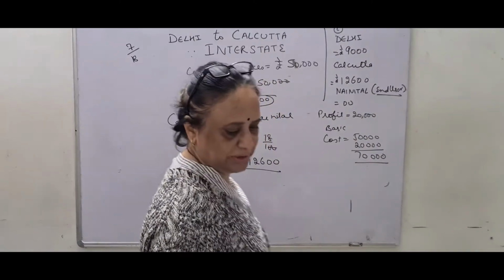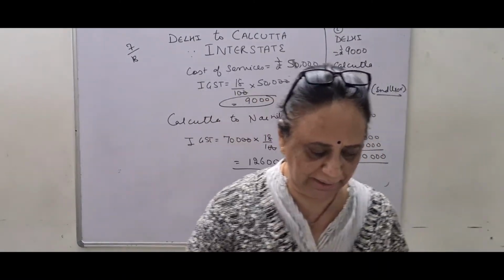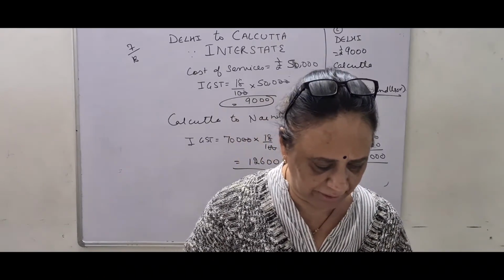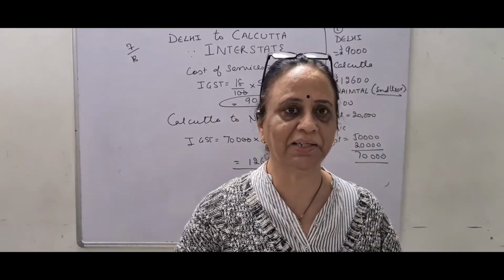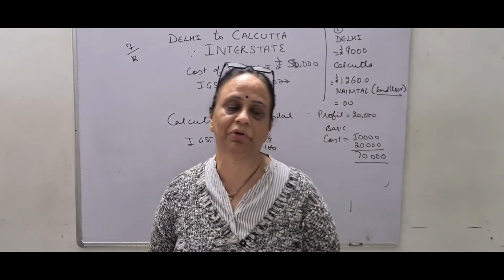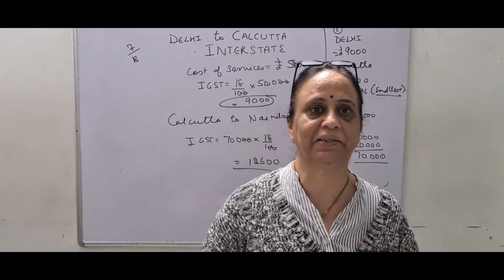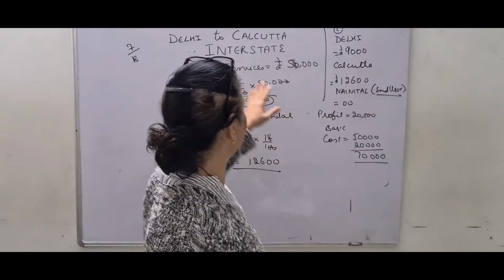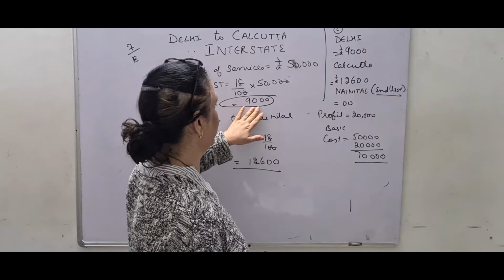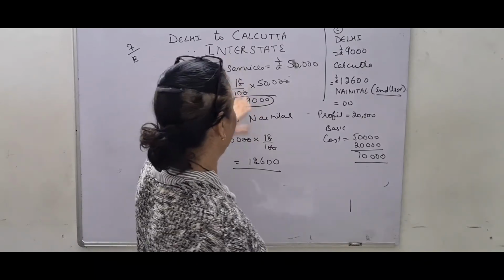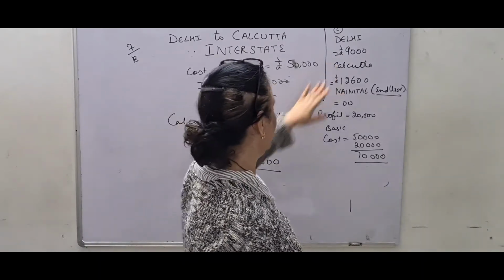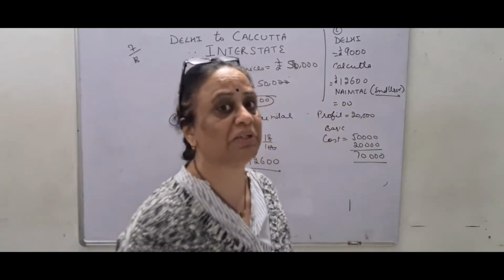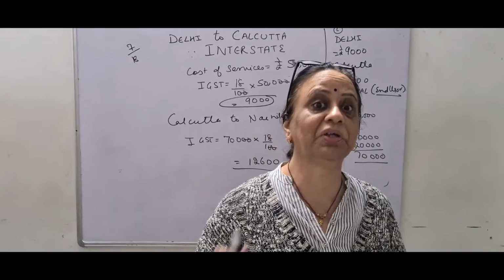So I hope I am able to make you understand the difference between the two. If they have asked you the tax liability, then the formula will be output tax minus ITC. But if they have just asked you the output tax, output tax means only IGST. What IGST was paid at Delhi, what IGST was paid at Calcutta, and what IGST was paid in Nainital. But since Nainital was end user, the output tax was 0.